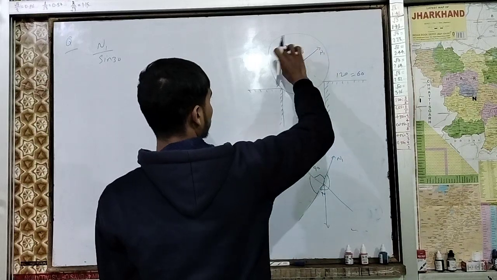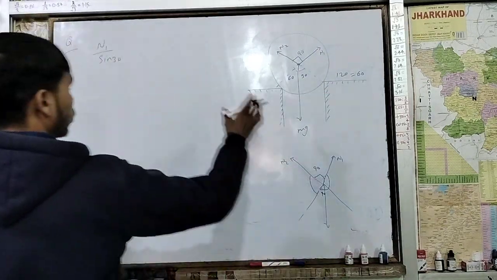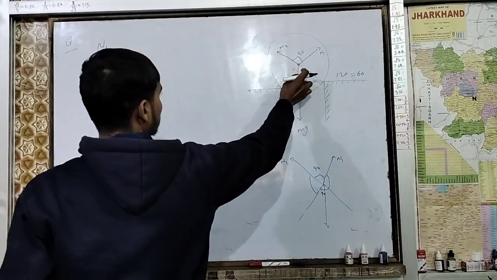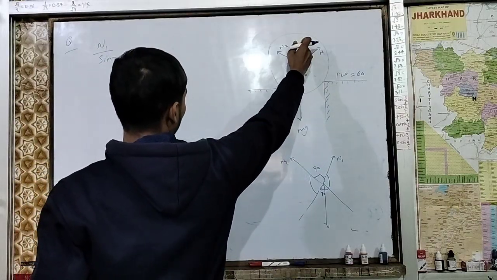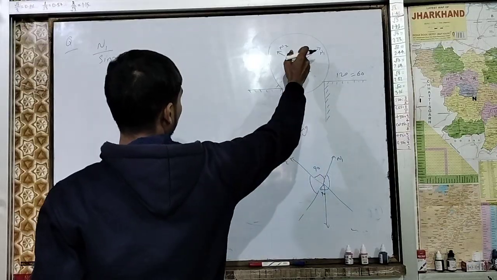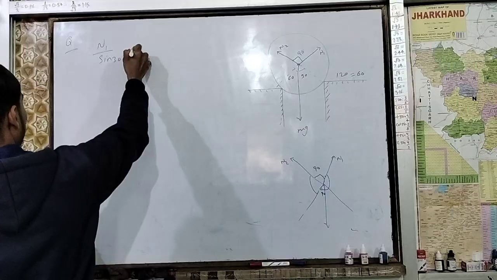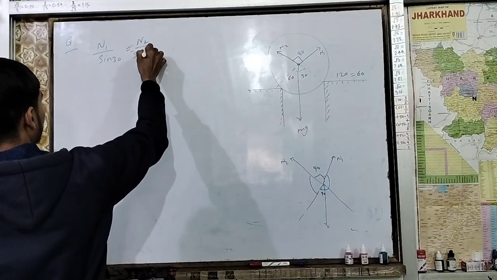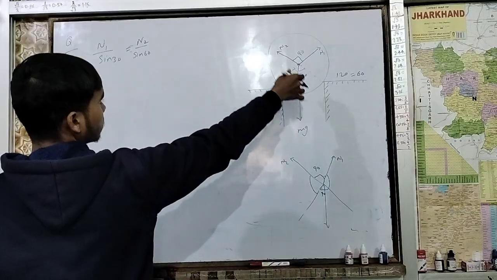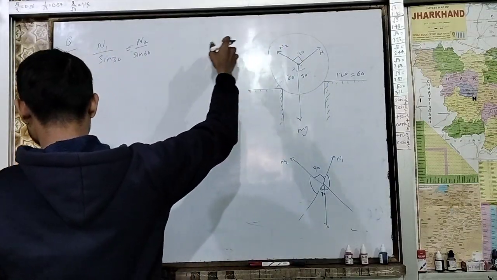So this one force, this second force, this third force, mg, the gravitational force. You can write N1 upon sine 60, N2 upon sine 30, mg upon sine 90.